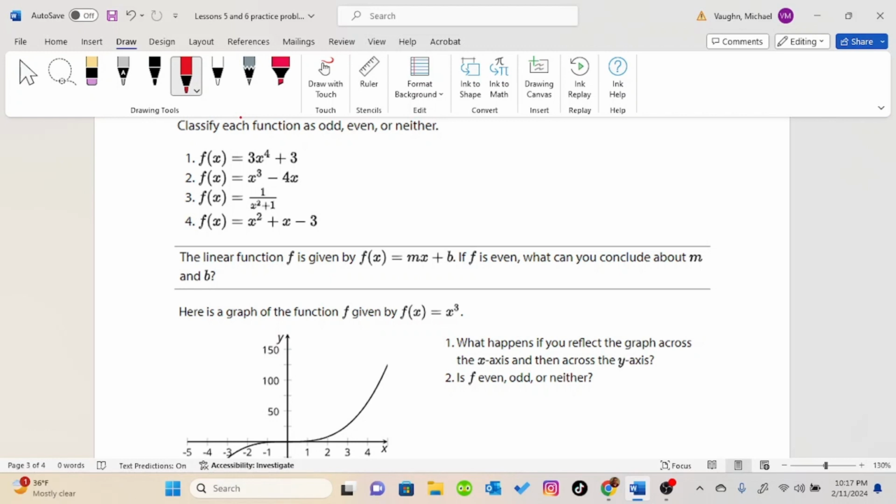If I substitute negative x in here, then I have 3 times negative x to the 4th plus 3. Since I have an even power here, this is going to become positive x. So that becomes 3x to the 4th plus 3. Since they're the same, this is even.